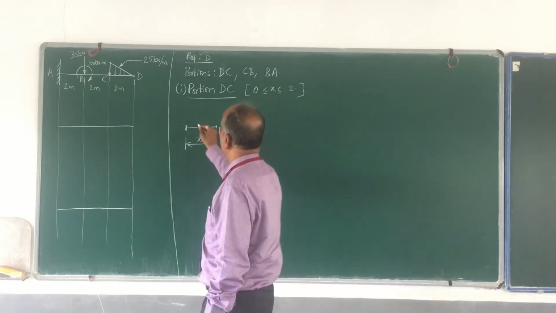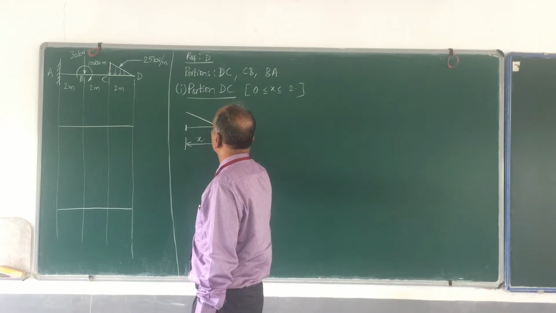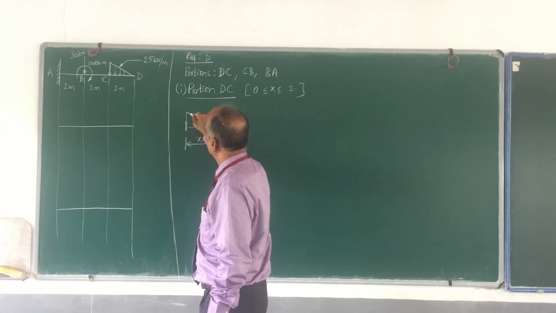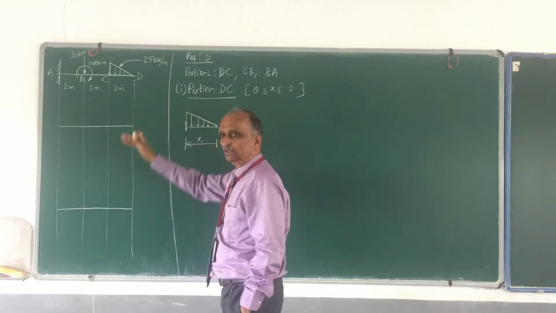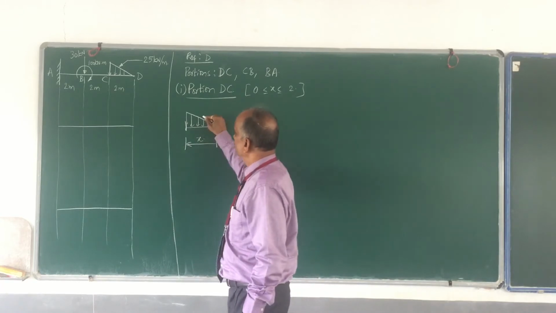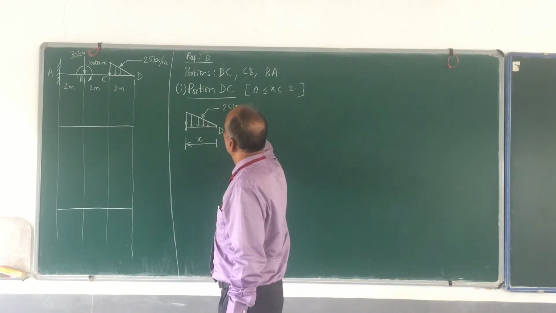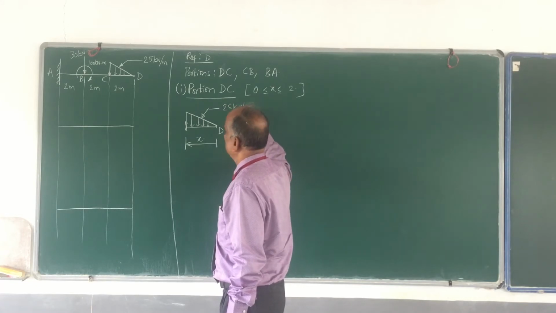Okay, how the load varies, it goes like this. It is 0 here, and it is increasing uniformly like this. The equation of this line is 25 kilonewton per meter.